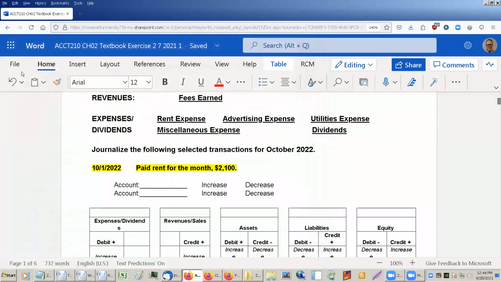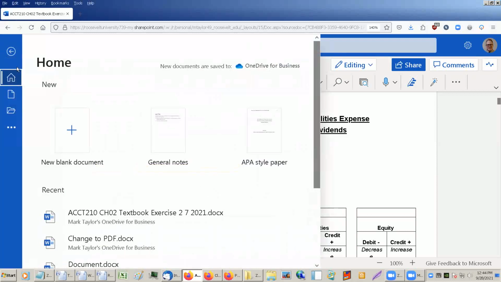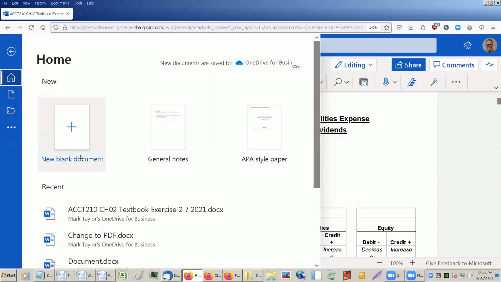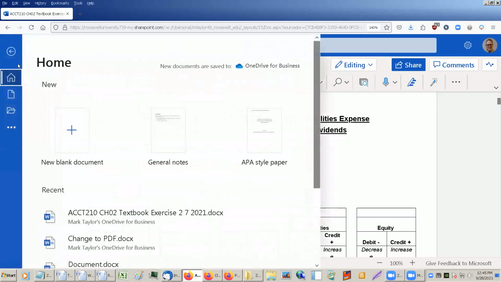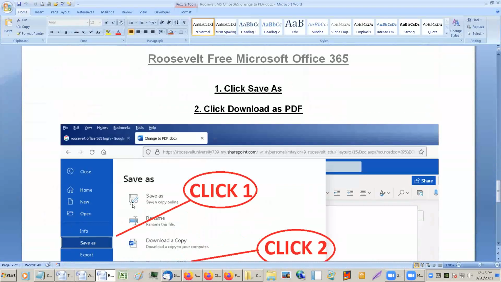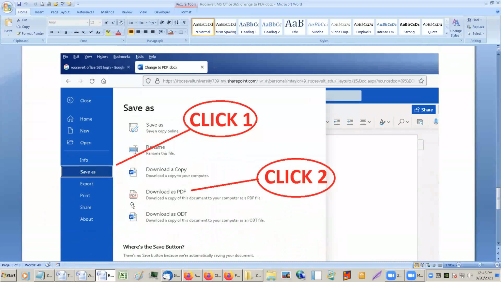Hold on. This is not showing something different. Huh. Why are they showing home? Okay, that's home. How strange.